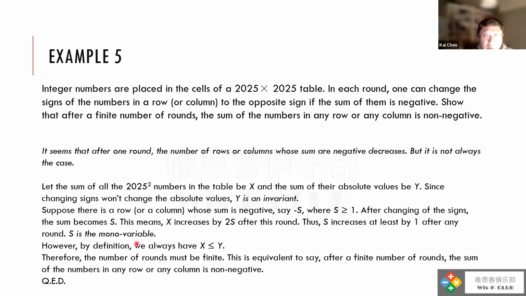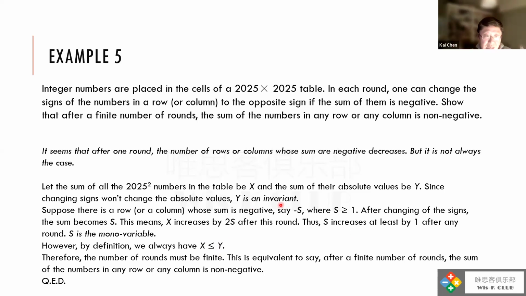And we have a definition that the sum of s is always no larger than the sum of absolute values. The sum of numbers has no way to be bigger than the sum of the absolute values. So we have a limitation, y is invariant. That's the boundary.